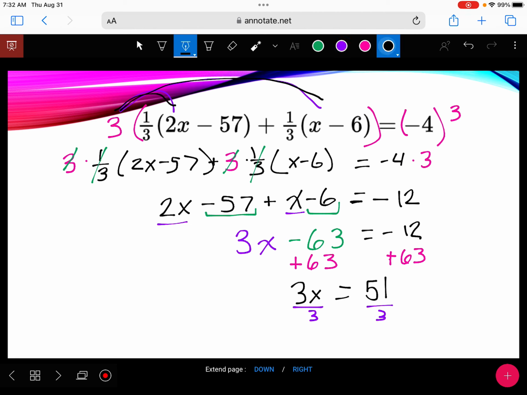What is our solution here? Type it in a calculator, y'all. 17. So these are big beasties.